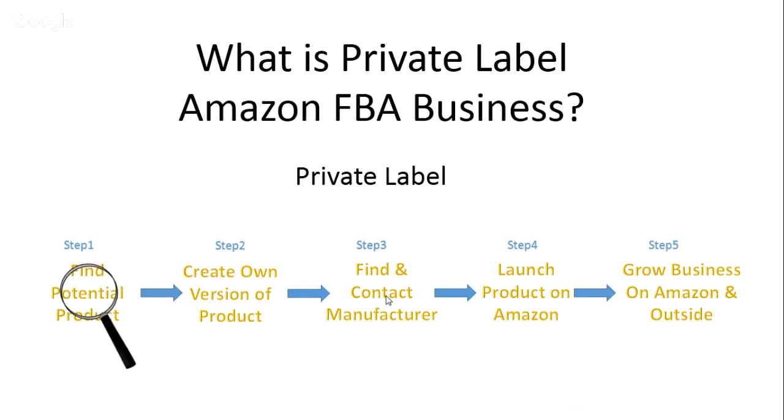give that specification to your manufacturer, and here in step three you find the right manufacturer for you, because the manufacturer is also your partner, basically. It has to be some kind of manufacturer with whom you can build a long term relationship.